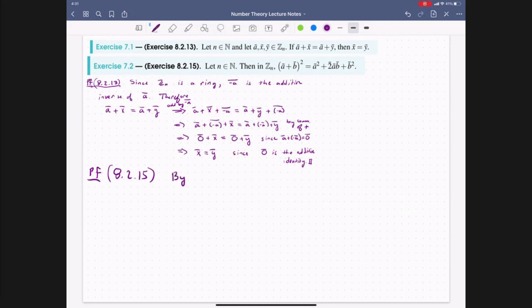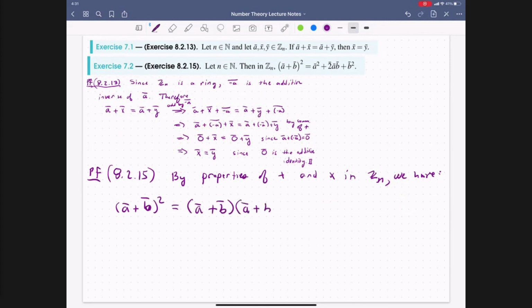By properties of addition and multiplication, in the end, we have that a bar plus b bar squared is the same as a bar plus b bar times a bar plus b bar.